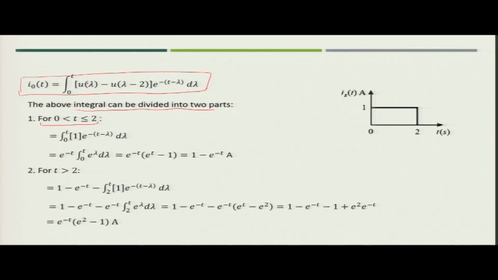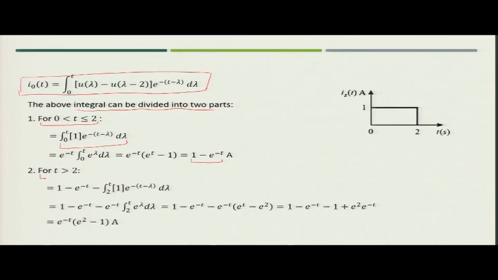When you solve this, you will get the value of I naught t between time 0 to 2 as 1 minus e to the power minus t ampere.